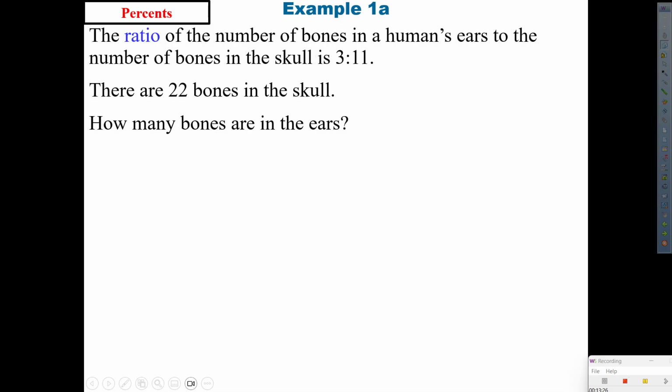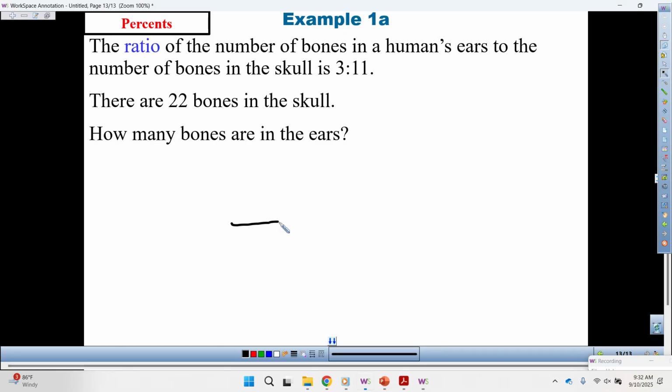The ratio, what do you think when I say ratio? Fraction. Okay, so right away I think fraction. So there's my fraction bar. The ratio of number of bones in the human ears to the number of bones in the skull is 3 to 11. So you're like, what does that mean, Mr. Q? That means that this is a fraction.